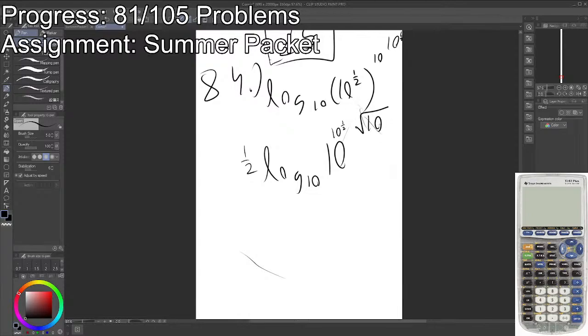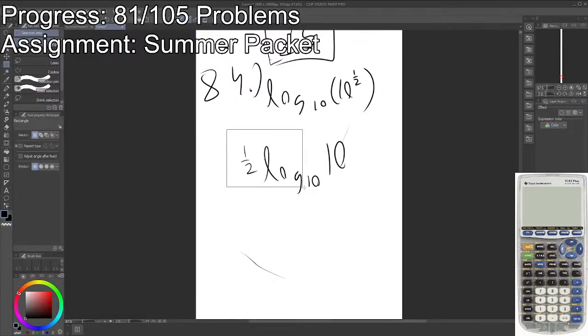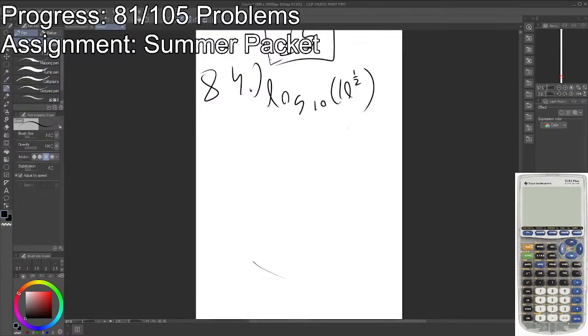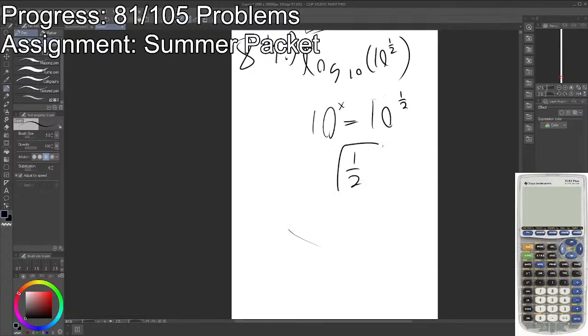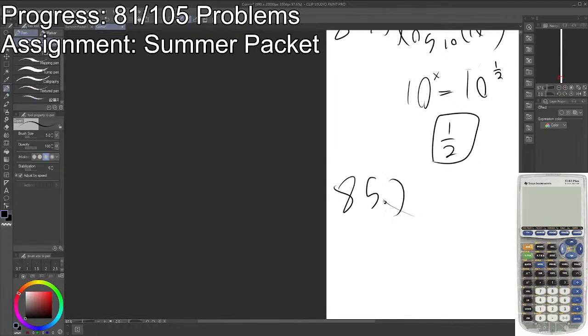I mean, it's obvious. You're trying to find 10 to the power of what equals 10 to the power of half. Well, it's half. It just is. So you could just say that. Easy. I'm not sure what exact rule that'd be, but I get the concept of it.